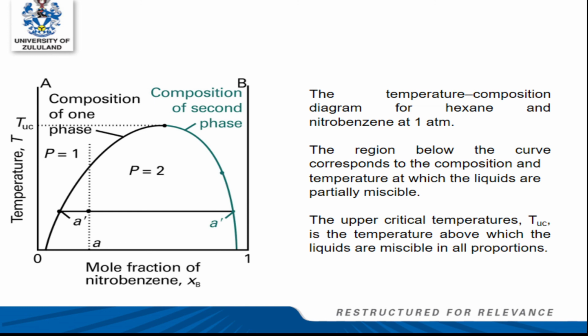So when we look at this diagram, one can say that the region below the upper critical temperature corresponds to the composition and temperature at which the liquids are partially miscible. Below that graph, as you can see, P is equal to 2, but the region above the upper critical temperature is where the liquids are miscible in all proportions.